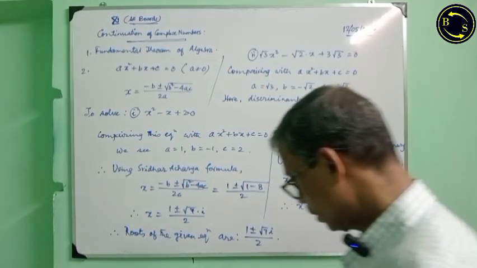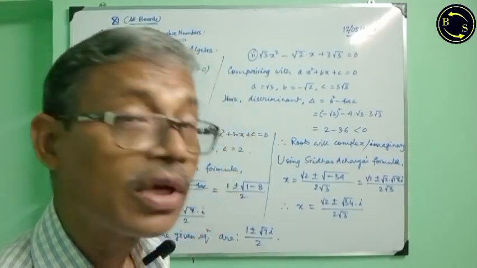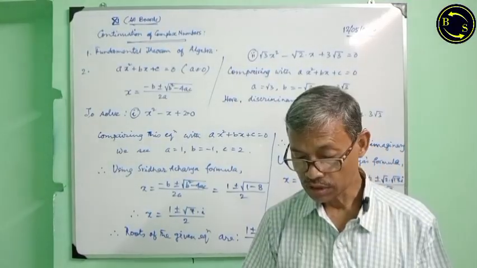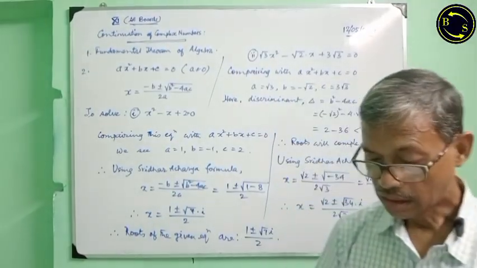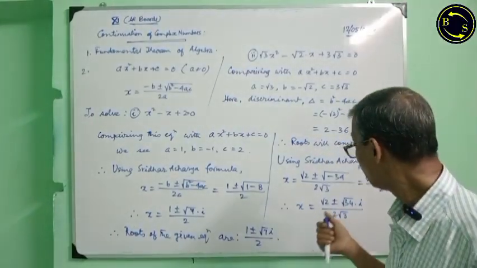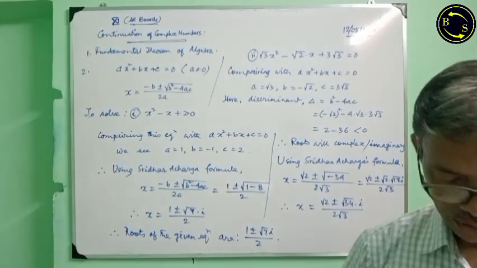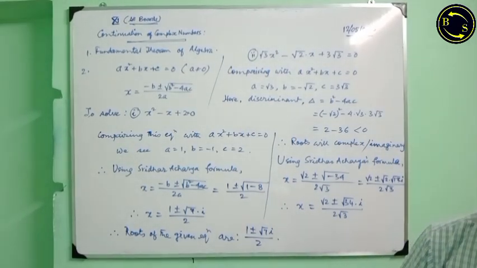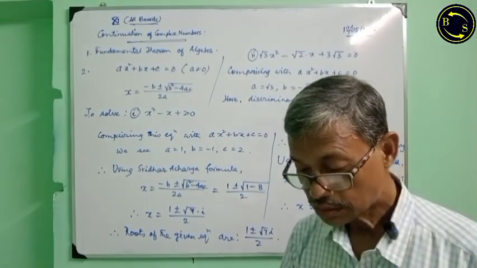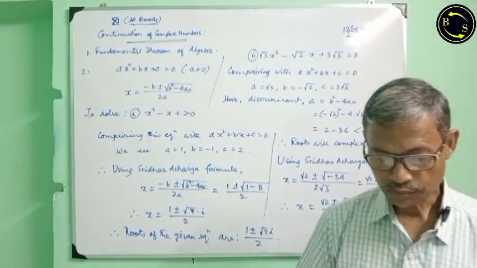Hence, after getting the concept of complex number, imaginary number, etc., we can solve such quadratic equations easily, and we shall find i, that is iota, in the root of the equation. Now I solve a few more sums of the topic.